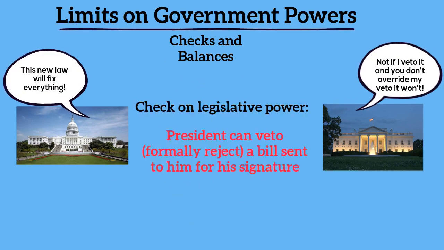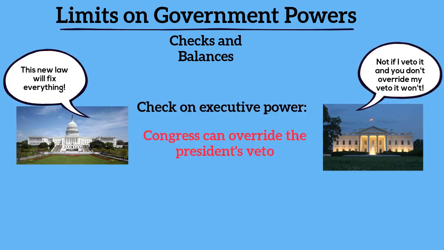Remember that the legislative branch makes laws, but before a bill becomes a law, it goes to the president for a signature. A check on the legislative branch's power is that the president can veto or formally reject the law. But then, in a check on executive power, Congress can override the president's veto and make it a law anyway.